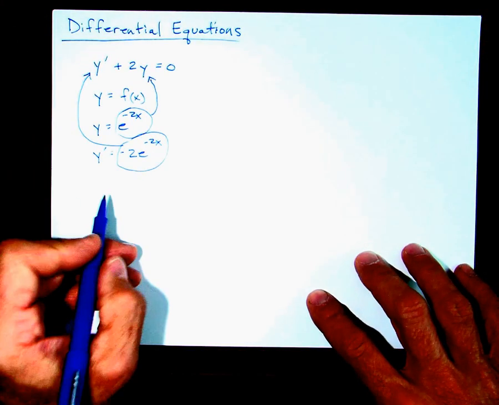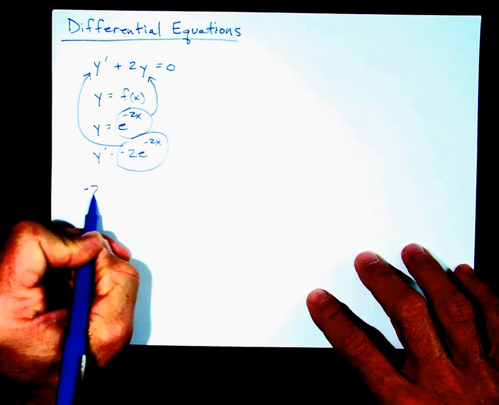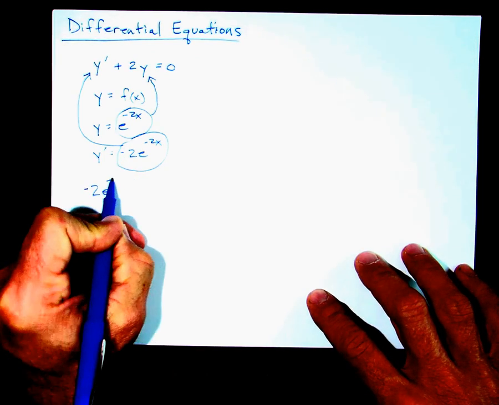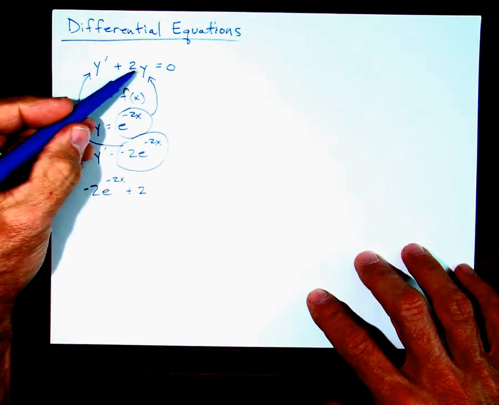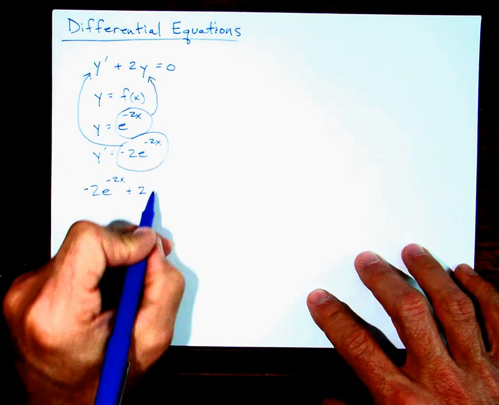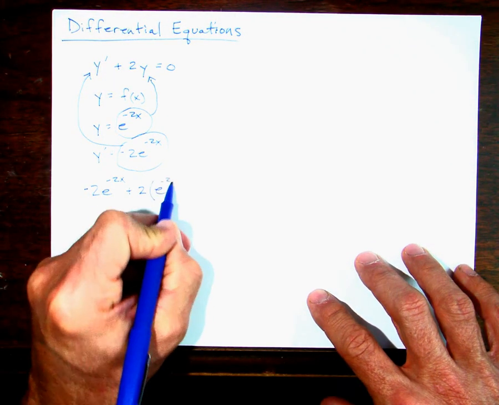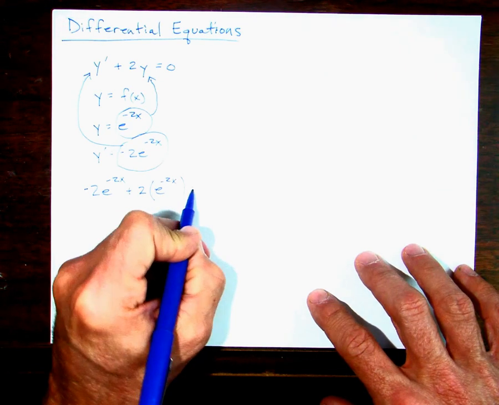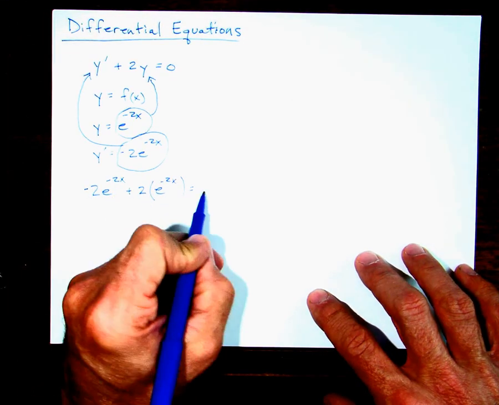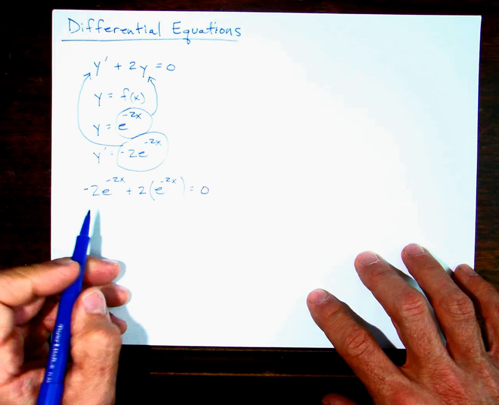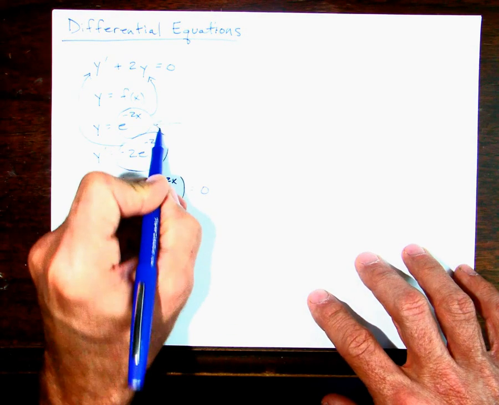So let's do that. I've got negative 2 e to the negative 2x plus 2 times the function, which is e to the negative 2x. And of course, negative 2 e to the negative 2x plus 2 e to the negative 2x is 0.